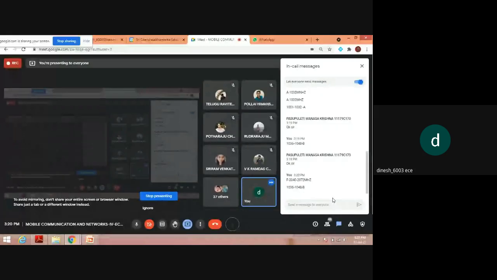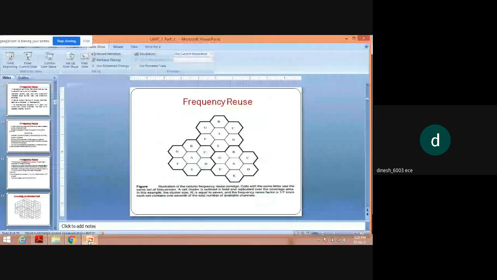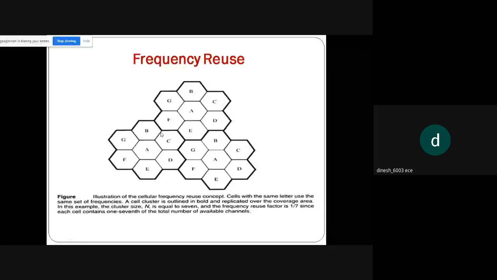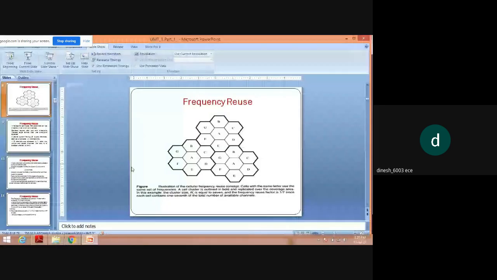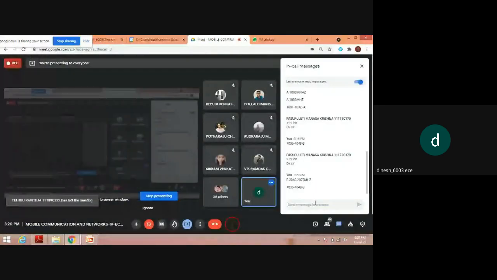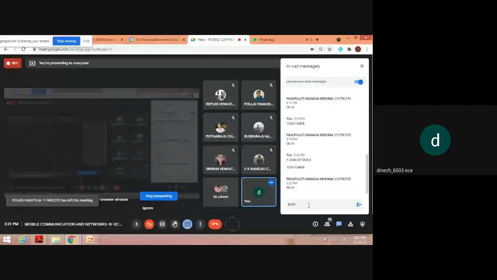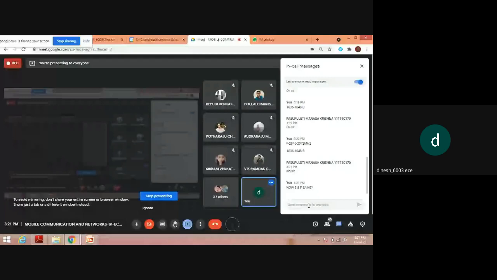Now, in this scenario, in this cluster, will this B and F be same? No. B and F. Is it same? As you said, no is the answer.